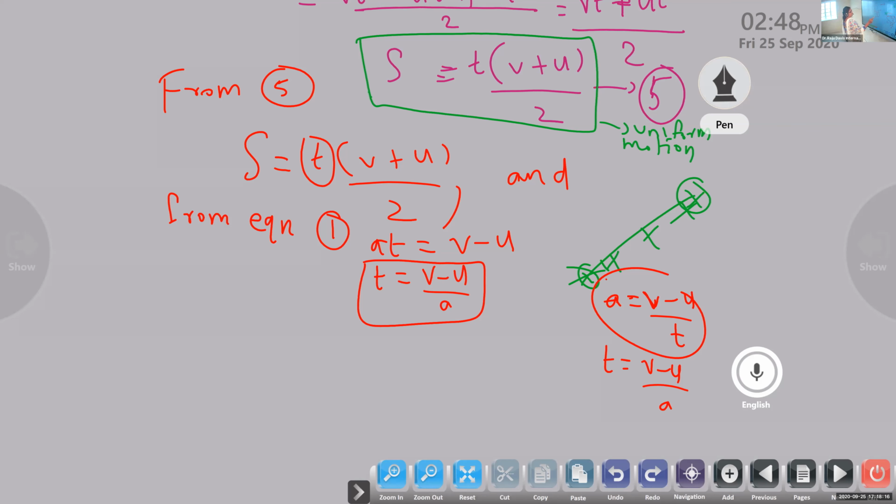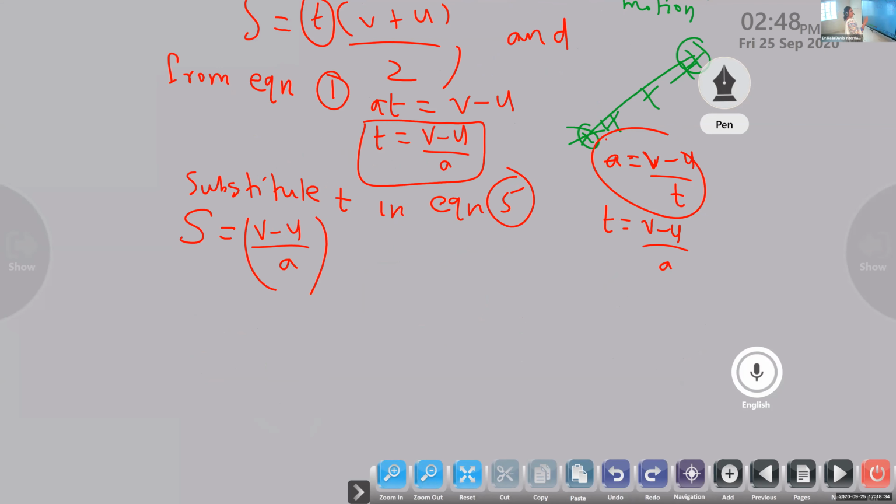Now you substitute T in equation 5. Therefore, displacement is equal to, there is a T, substitute V minus U by A there. Then there is, don't forget, V plus U by 2.